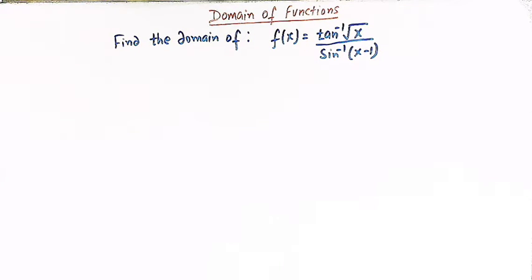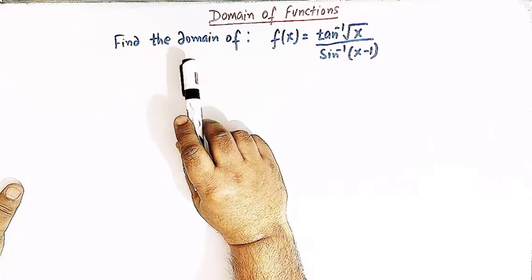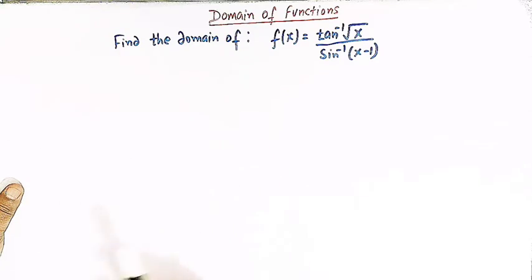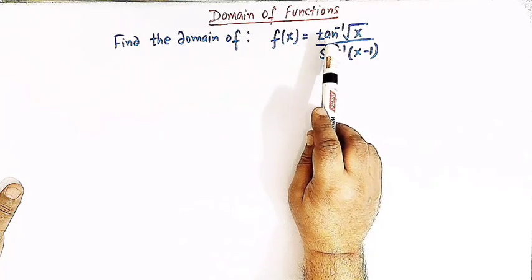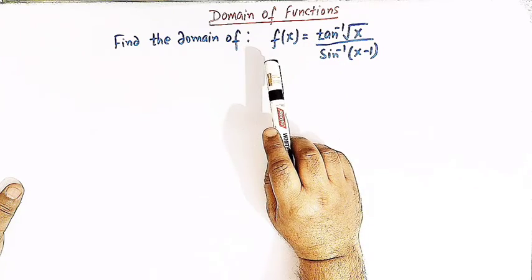Hello viewers, in today's session we are going to discuss an important and conceptual problem from domain of functions, right? And in this class we'll solve this problem in which we have to find the domain of this function f of x involving the inverse trigonometric functions, right?